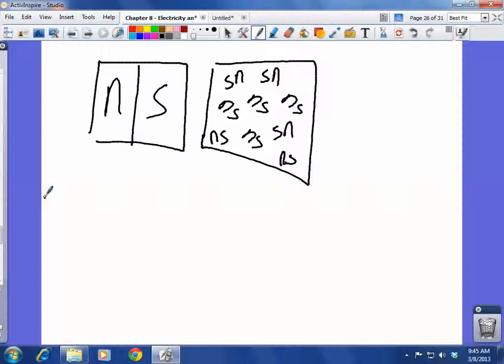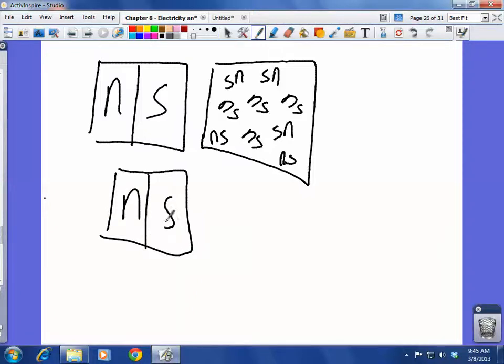All the norths are going to go to that side, because this south end is going to attract all those north parts. If I redraw this, this is when it would have been better to have an animation. All these norths are going to line up now.